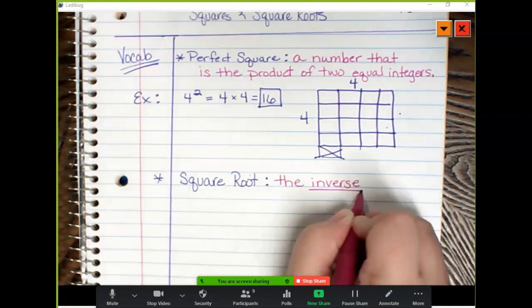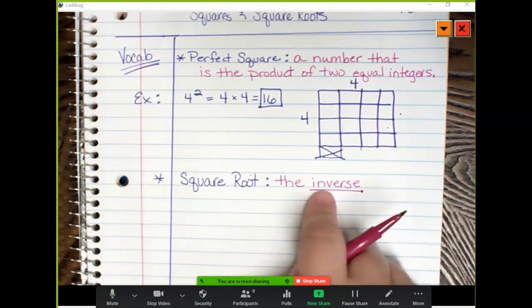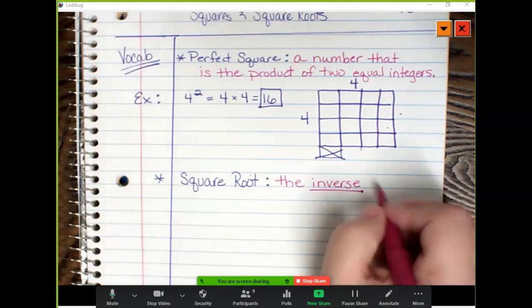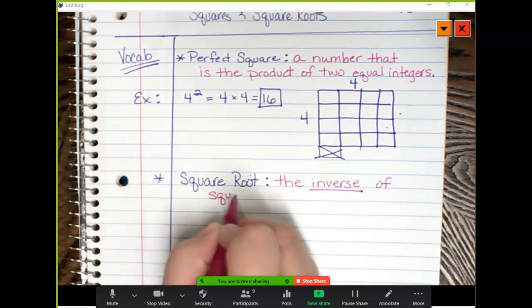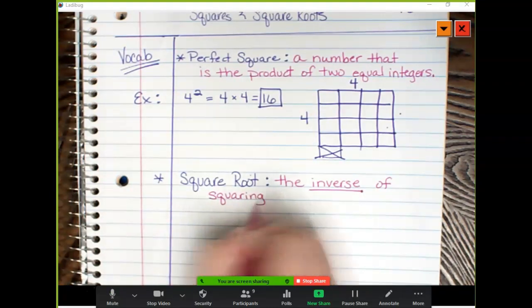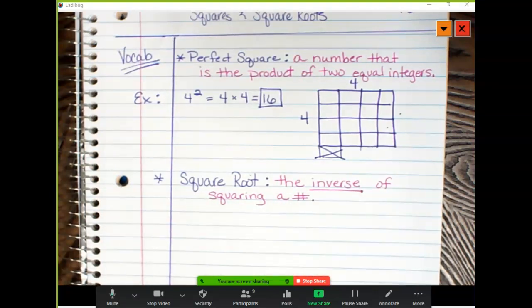Anybody know another name for inverse from last year? Another name for inverse is opposite. It is the opposite of squaring a number. And I'm just going to use the number symbol to make my notes a little shorter.